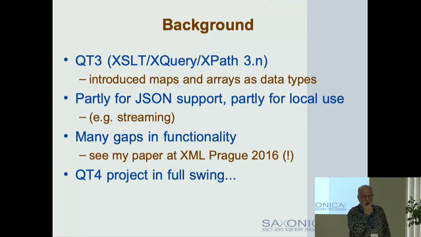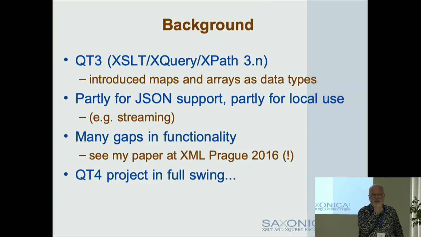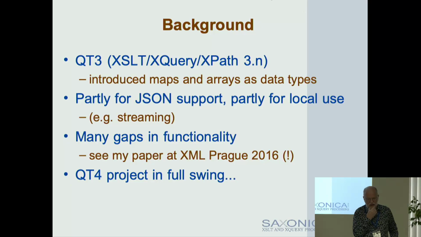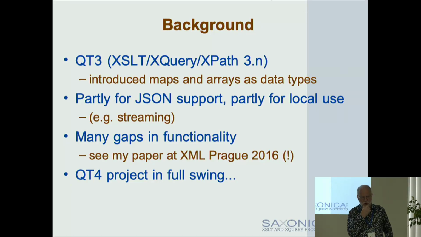I gave a talk in XMLPrague in 2016. Again, seems an enormously long time ago. In that talk, I explored some use cases of processing maps and arrays and JSON structures using XSLT 3. In preparing that talk, I discovered and presented some of the gaps in the functionality and how some things were actually quite difficult to achieve.